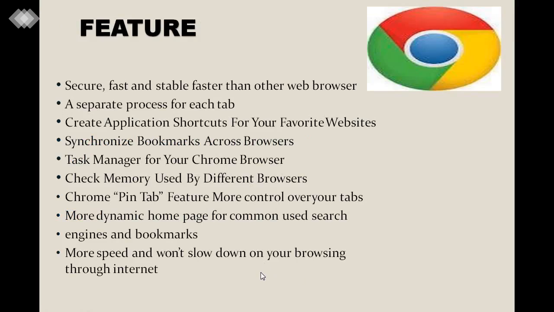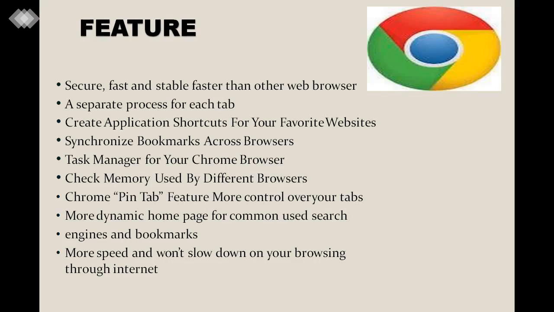So some features related to Chrome are secure, fast and stable, faster than other web browsers, a separate process for each tab, create applications or shortcuts for your favorite websites, synchronize bookmarks across browsers, a task manager to check memory used by different browsers.